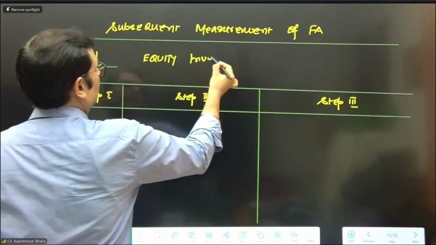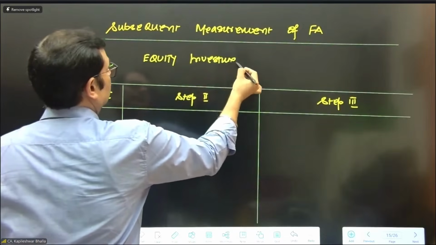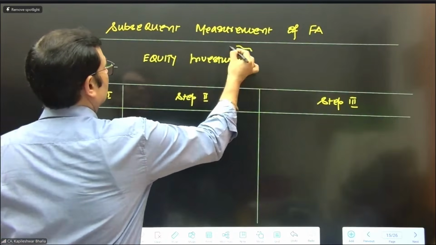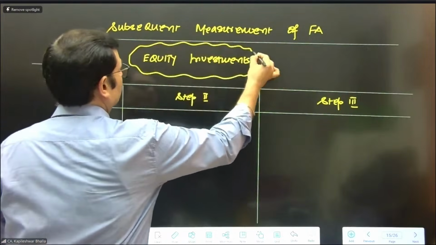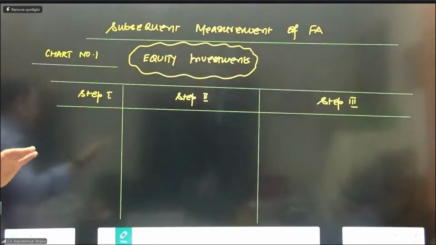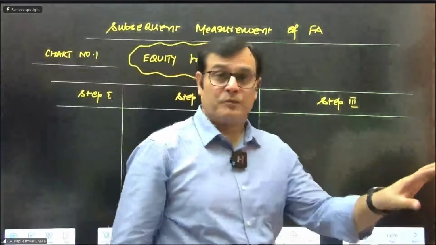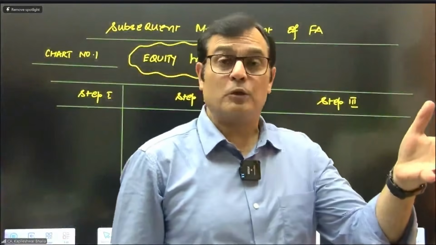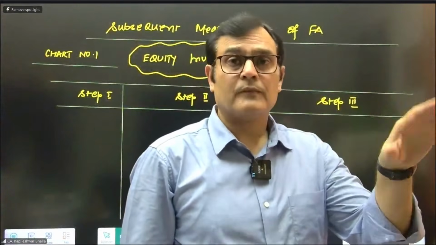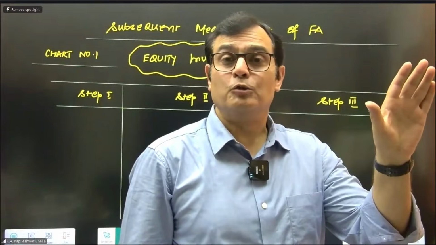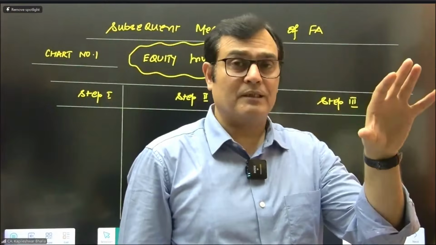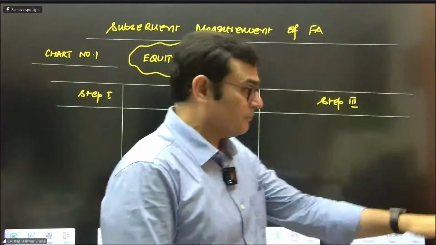In chart number 1, the focus is on the equity investments. We'll draw some conclusions based on the chart as well. But first, let's make a quick running input on this. I am not putting questions to you in between so that the flow of the revision doesn't get disturbed. I'll put questions to you only when we do practical illustrations, but the conceptual bits I'll keep making summaries.